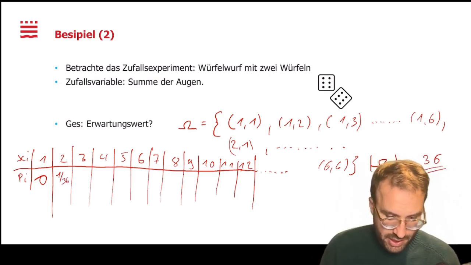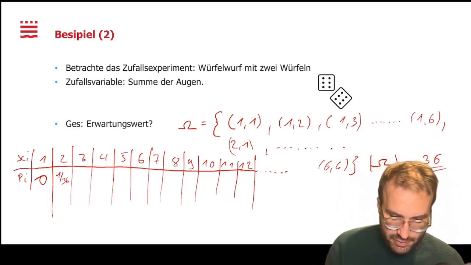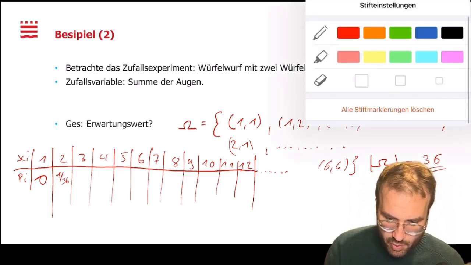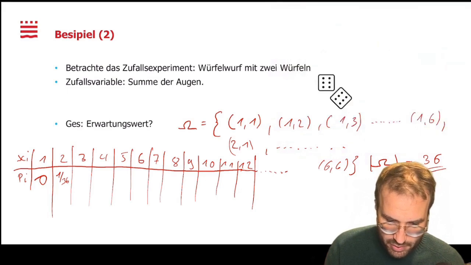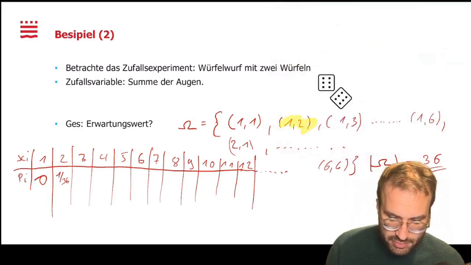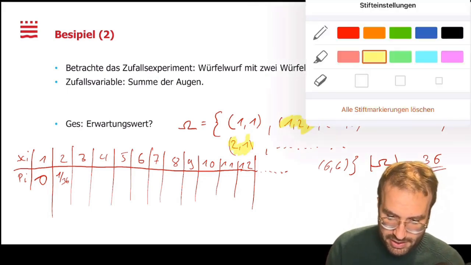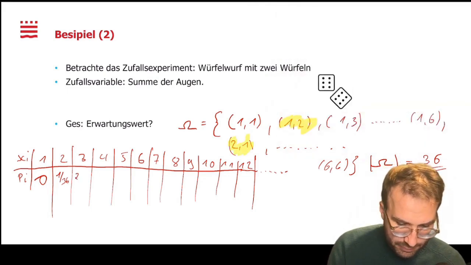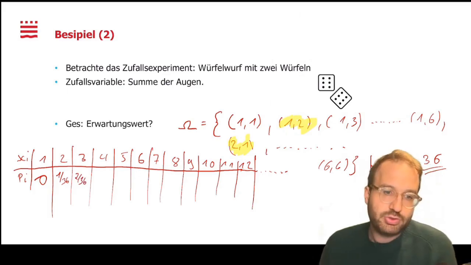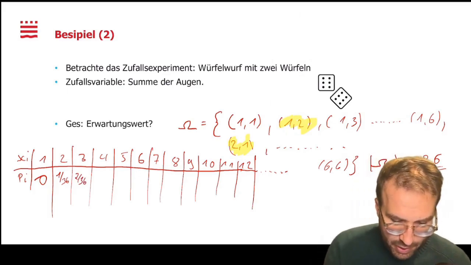Now we can continue here. What about the 3? What we see there is that there is, on the one hand, 2 and 1, the 1 and 2 as a possibility, but also the 2 first. So there are 2 possibilities out of 36. And you can do that, and then you will actually see the following pattern.